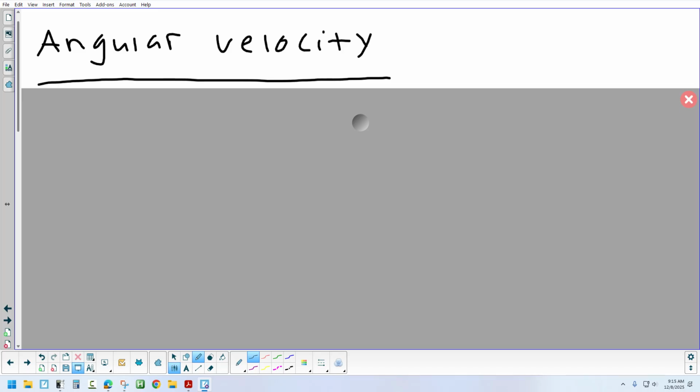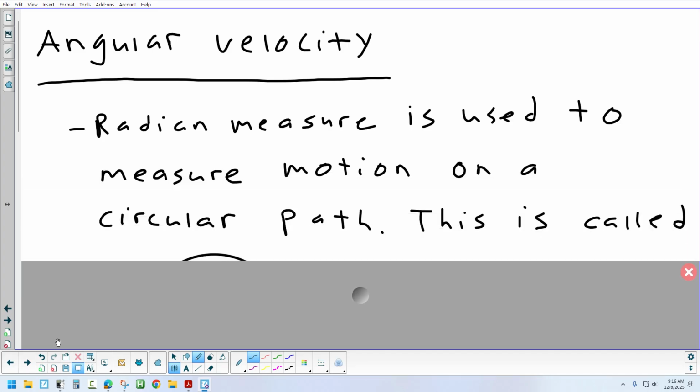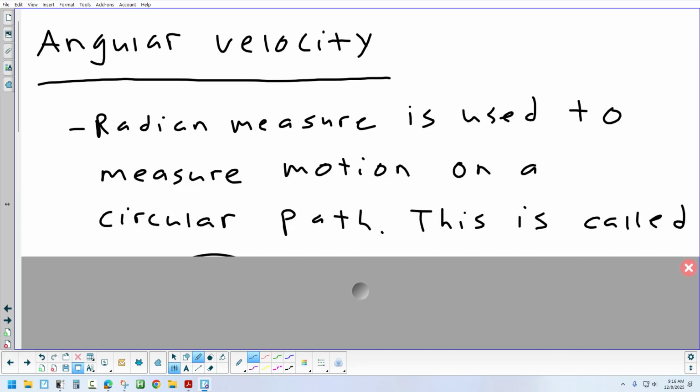Right. Sometimes you look at power tools, they're rated in RPMs, like how many revolutions per minute they spin at. Some cars have a tachometer, and it tells you how many RPMs the engine is running at. So we're measuring something moving on a circular path. Now, there's really two different ways we measure angles, degrees and radians.